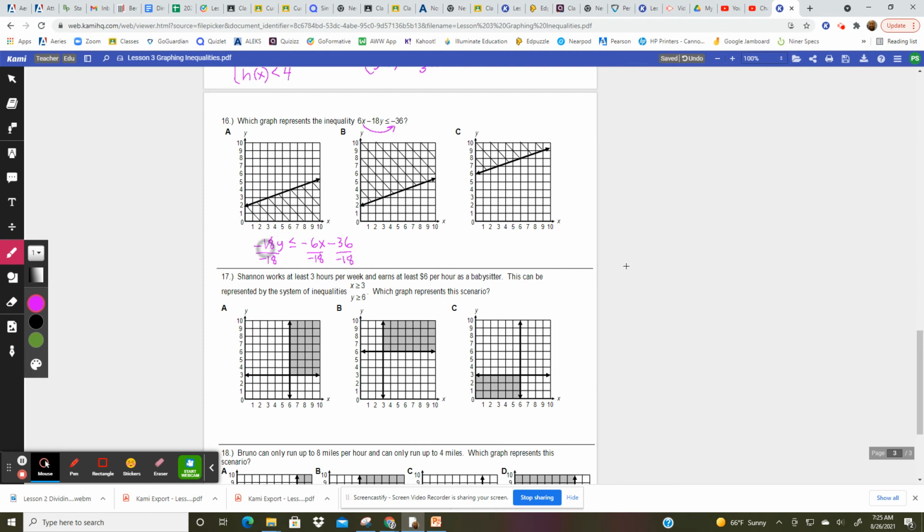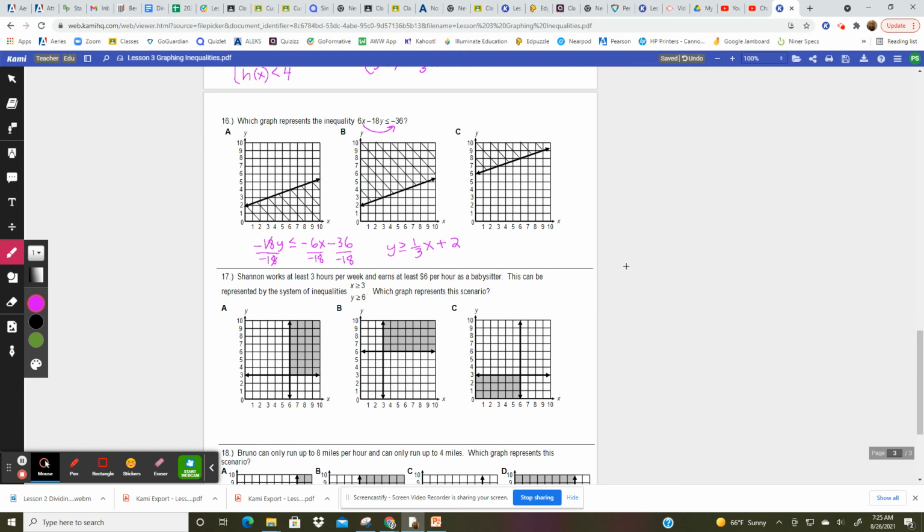So these reduce to 1, so I've got a y. Because I divided by a negative, I have to flip the sign over, so greater than or equal to. And then negative divided by negative is a positive. 6 over 18 reduces to 1/3 x. And then negative divided by negative is a positive 2.